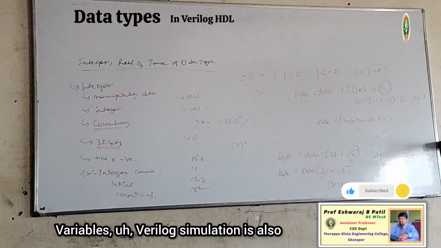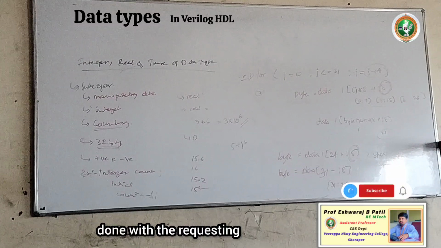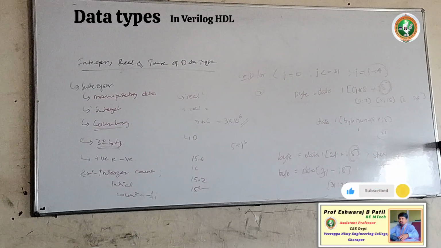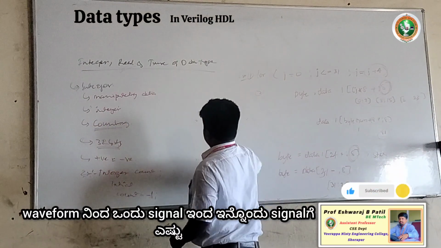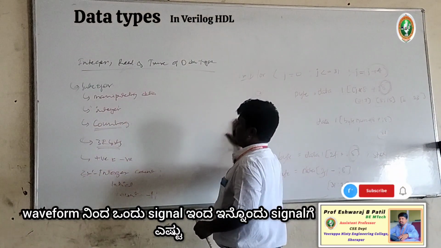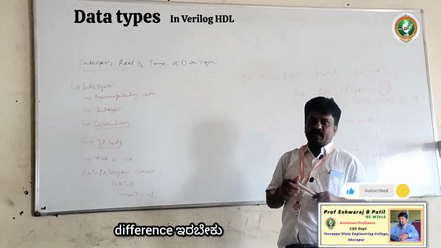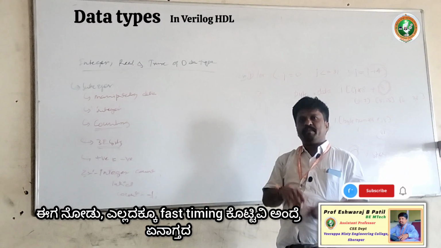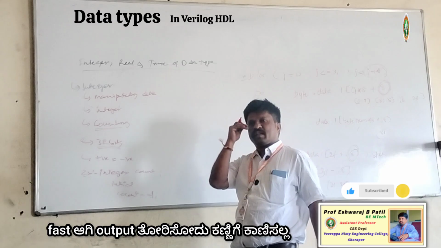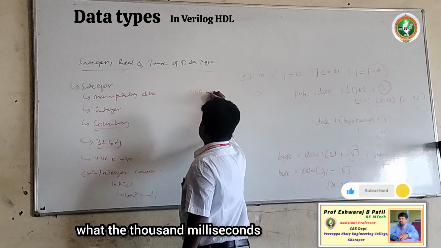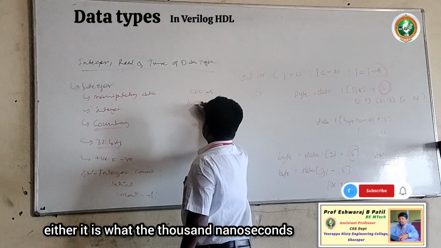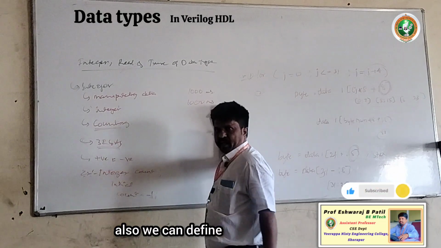Variables: Verilog simulation is also done with the requesting of simulation time. ಈಗ simulation time ಕೊಡ್ತಿರ್ತೀವಿ. ಈಗ ವೇವ್ ಫಾರ್ಮ್ ನಿಂದ ಒಂದು ಸಿಗ್ನಲ್ ಇಂದ ಇನ್ನೊಂದು ಸಿಗ್ನಲ್ ಗೆ ಎಷ್ಟು ಡಿಫರೆನ್ಸ್ ಇರಬೇಕು. ಈಗ ನೋಡು ಎಲ್ಲದಕ್ಕೂ ಫಾಸ್ಟ್ ಟೈಮಿಂಗ್ ಕೊಟ್ಟಿವಿ ಅಂದ್ರೆ ಅಷ್ಟು ಫಾಸ್ಟ್ ಆಗಿ ಔಟ್ಪುಟ್ ತೋರಿಸೋದು ಕಣ್ಣಿಗೆ ಕಾಣಿಸಲ್ಲ. It should be either 1000 milliseconds or 1000 nanoseconds also we can define.